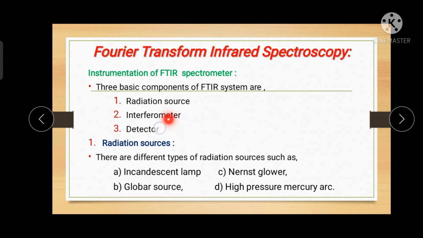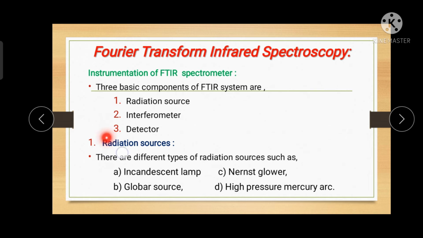The last one, the third one, is the detector. The detector is used to detect the sample signals and analyze them and give us a desirable signal so that we get the spectra.